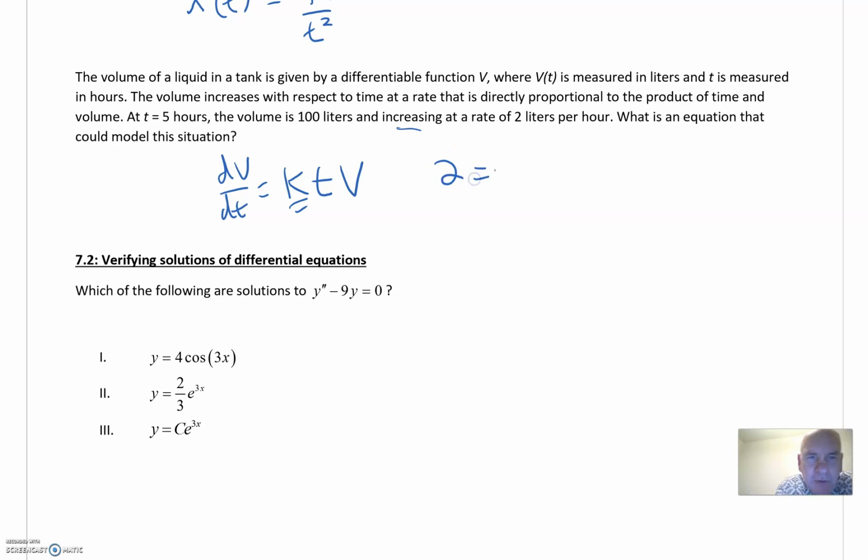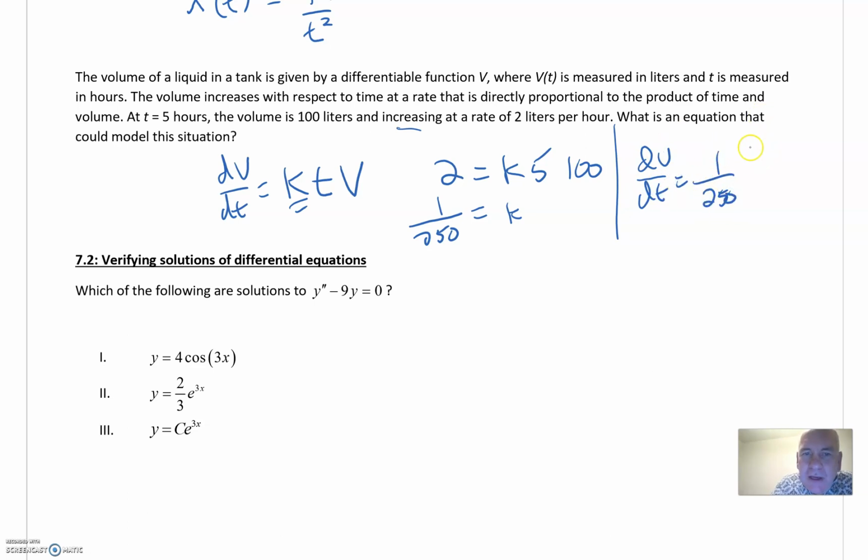So 2 equals k, which we don't know, times the time at t equals 5 hours, and everything is measured in hours. And the volume is 100. Whoa, that's a weird constant. So 500 divided over, so k is equal to 1 over 250? Crazy. And so then dv dt equals 1 over 250 times tv.